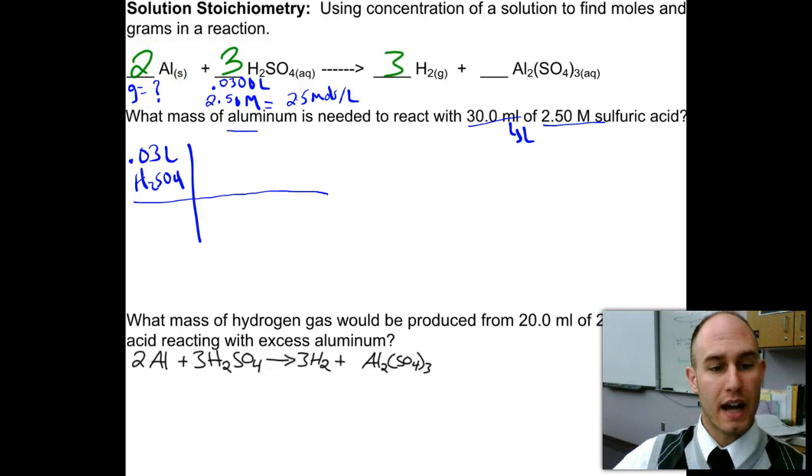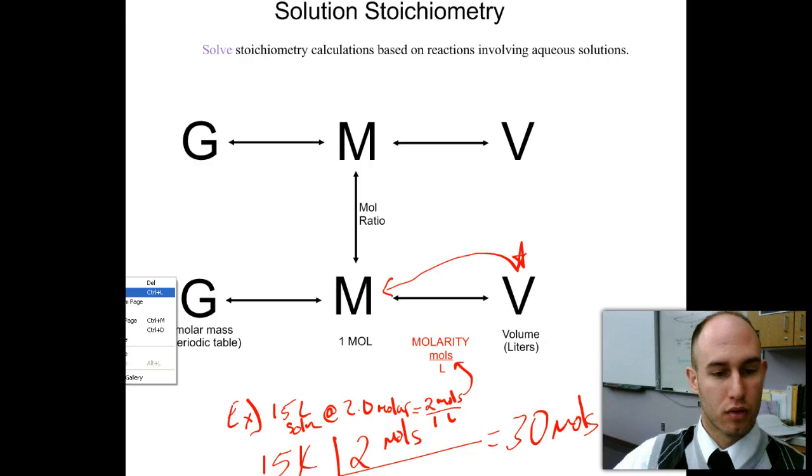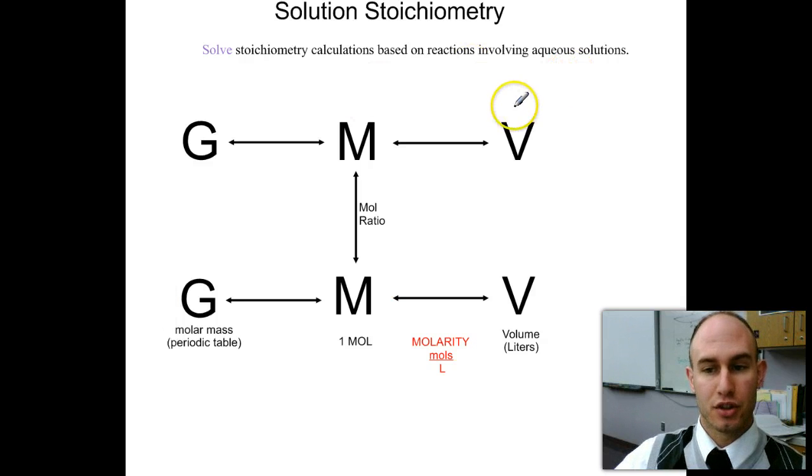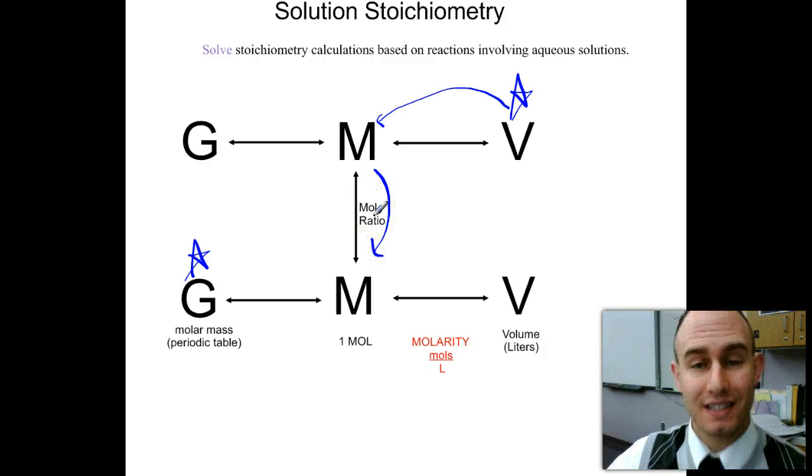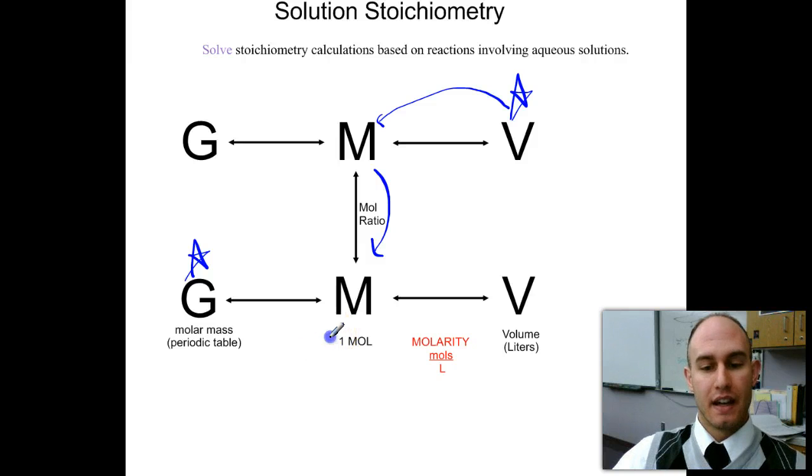If we go back to our map, I need to do a volume to mole conversion, then use my mole ratio, which we use a balanced chemical equation for, and then a mole to gram conversion, which we've done probably 1,000,000 times. Those are my basic steps.